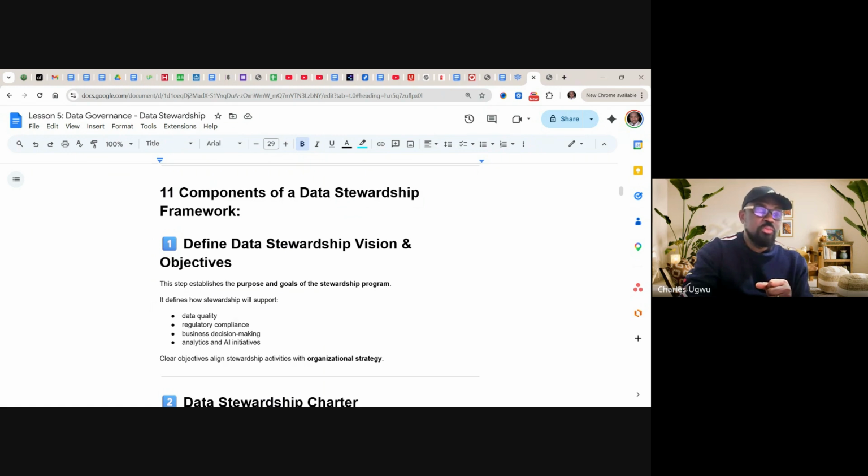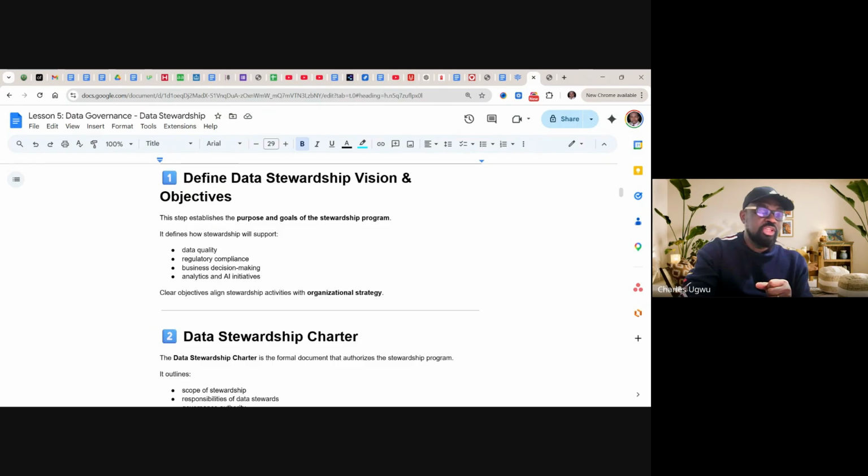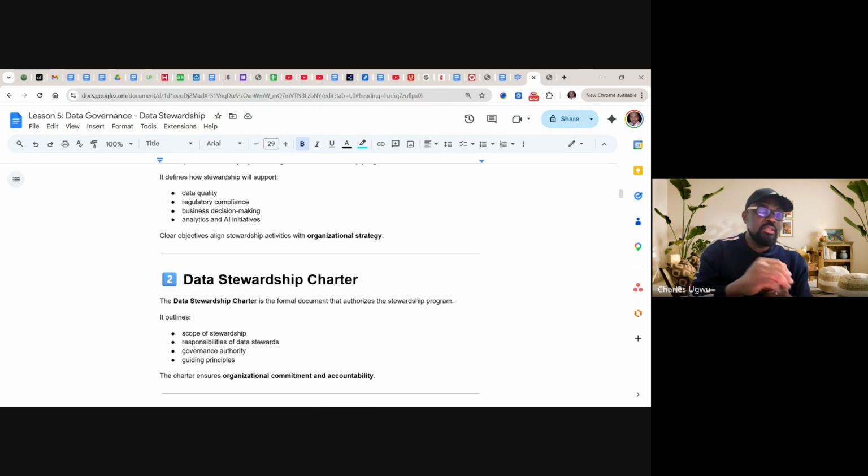Once the vision and objective is drawn, then the second one is to create a data stewardship charter. You need to create a charter. The data stewardship charter is the formal document that authorizes the stewardship program. If you have been in my project management class, I always encourage project managers to have a project charter.